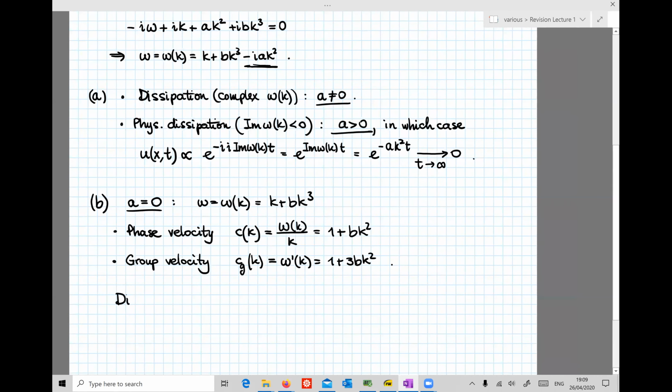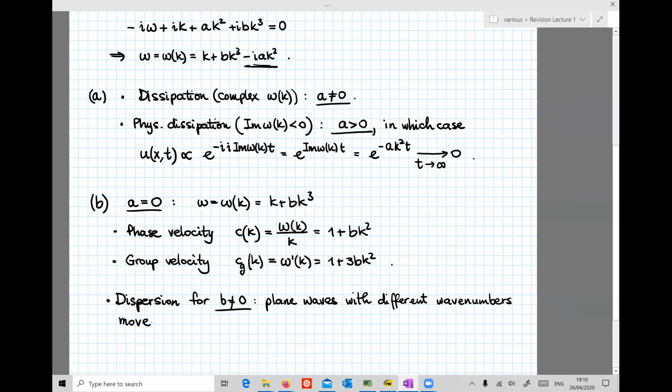So here dispersion occurs for b different from 0, because in that case, plane waves with different wave numbers move at different speeds, in particular different phase velocities.